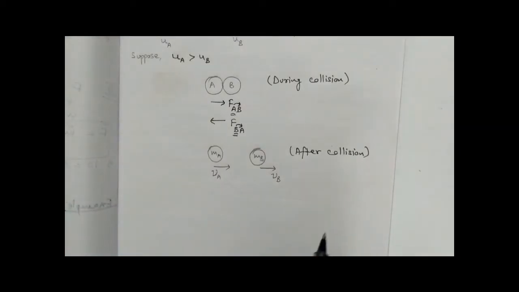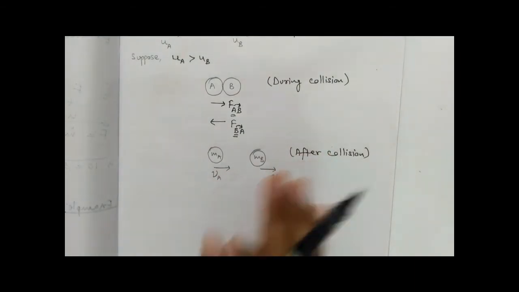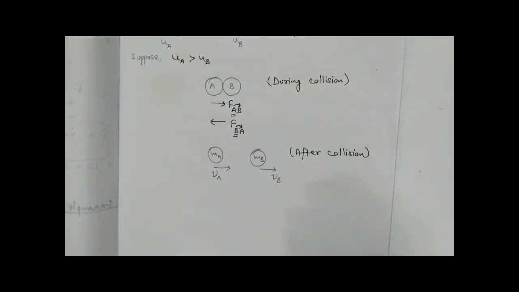Now after the collision, what happened? Both got separated and have their velocities as VA and VB. These are the final velocities.